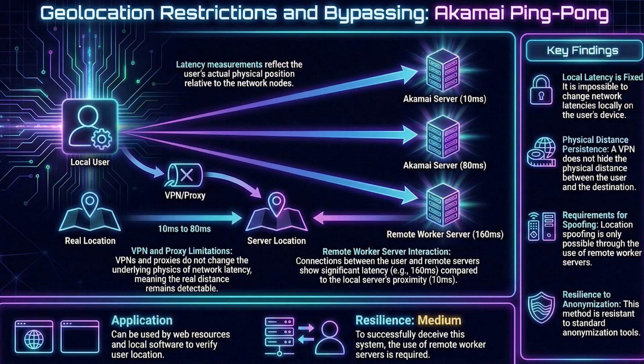So be sure to pay attention to this. This technique is available to both web resources and local software, since it can be performed from all sides, and thus your de-anonymization will not be difficult. Again, up to one city. Neither a proxy nor a VPN will save you here.